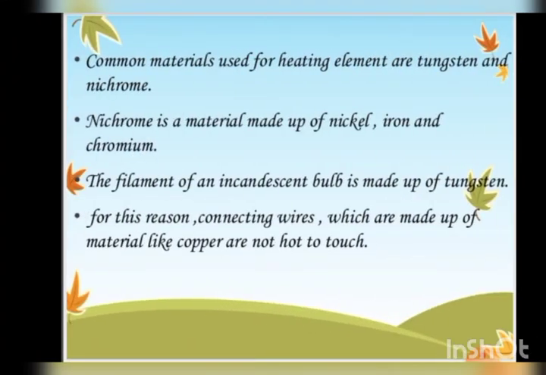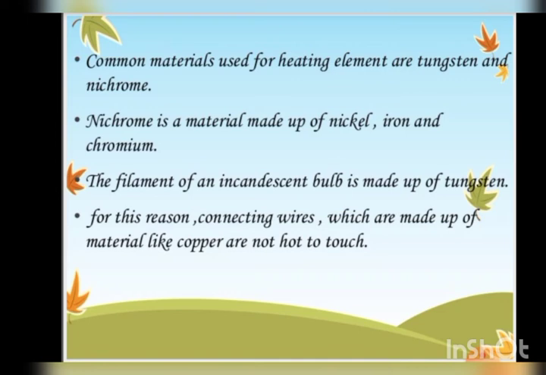Common materials used for heating elements are tungsten, then nichrome. Nichrome is the material made up of nickel, iron and chromium. The filament of an incandescent bulb is made up of tungsten. For this reason, connecting wires which are made up of material like copper are not hot to touch.